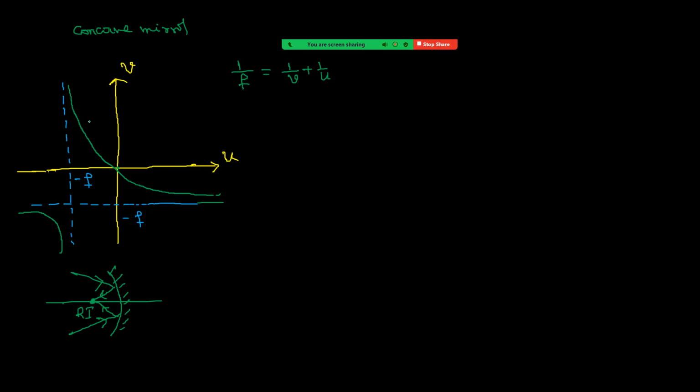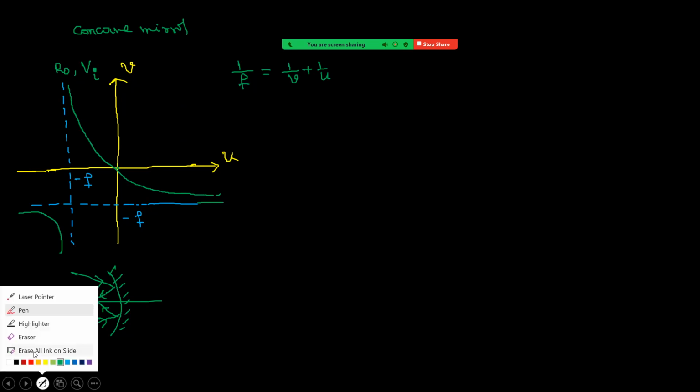Okay. Next, coming to the second quadrant. In the second quadrant, you can see U negative. U negative means it is a real object. I am writing here a real object. And V positive, virtual image. I am writing V suffix I. Okay.